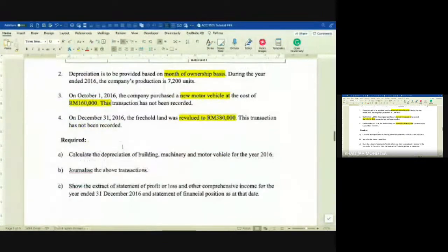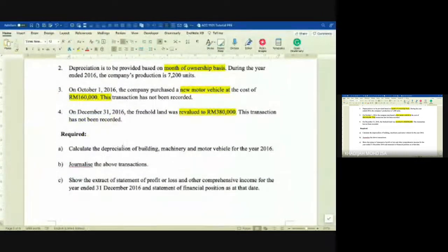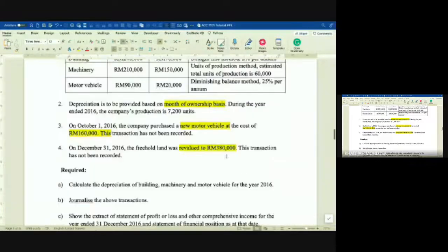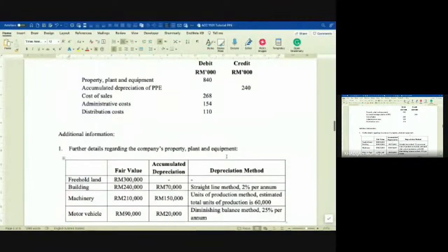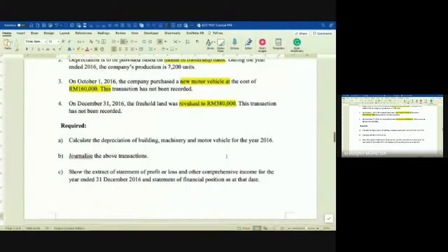All right, so you're required to calculate the depreciation of building, machine and motor vehicle for 2016. And then journalize the above transactions and show the extract of the statement of profit and loss, all right, so you need the profit and loss extract. And then financial position. So there are two statements required here.